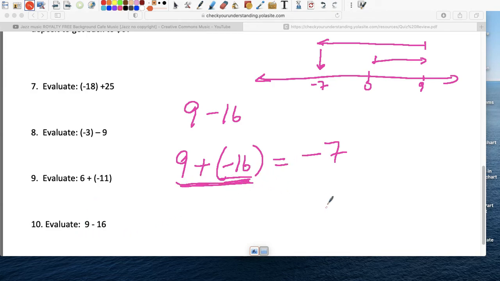So again, let's just talk about money. You have right now $9, right? That's how much you have in your wallet. And then you go to the mall, you see a t-shirt, and it costs $16. Well, you don't have $16, but you borrowed $7.